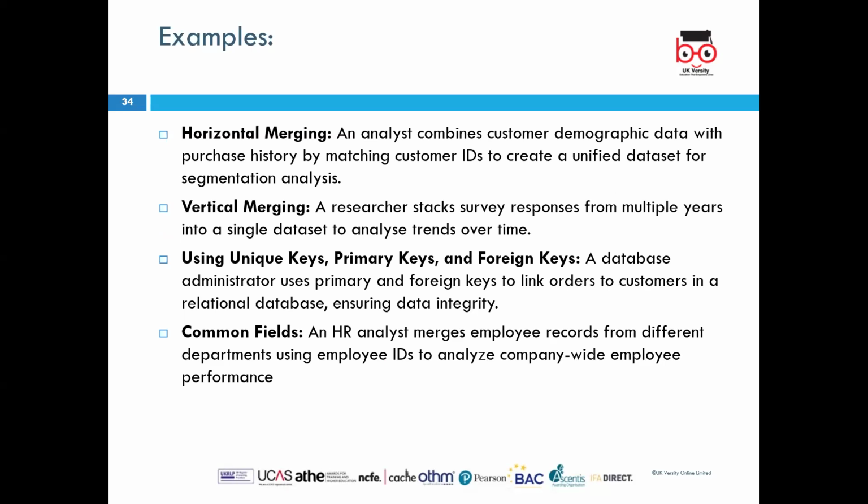Example of merging: when it comes to horizontal, an analyst combines customer demographic data with purchase history by matching customer ID to create a unified data set for segmentation analysis. Vertical merging: a researcher stacks survey responses from multiple years into a single data set to analyze trends over time.